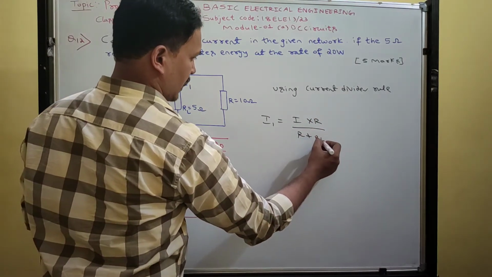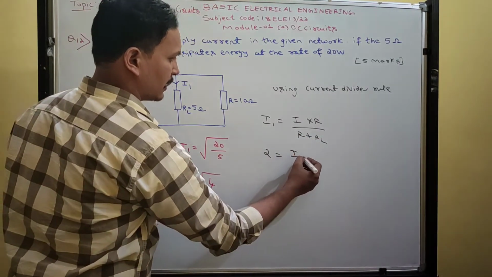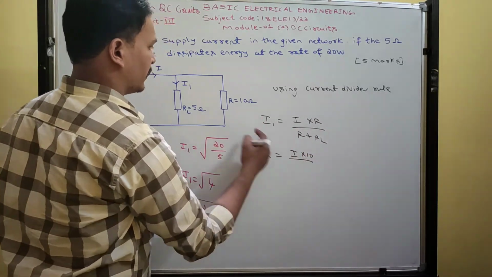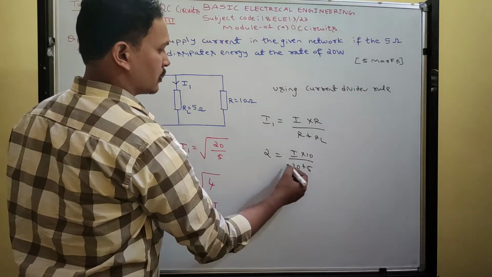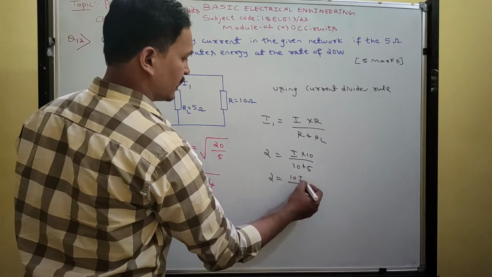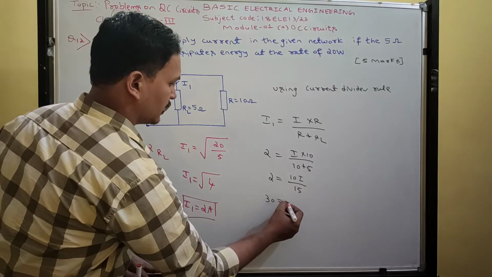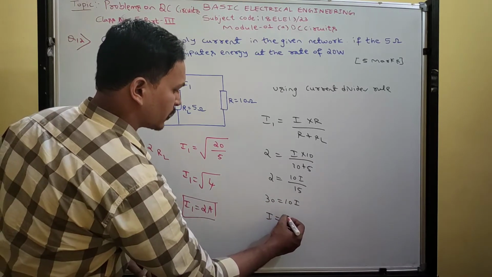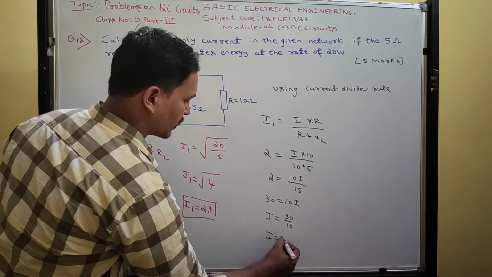What is the I1 value? 2. What is I? I need to calculate. I into R, which is 10, divided by 10 plus 5. So 2 equals 10I divided by 15. Cross multiply: 30 is equal to 10I. Therefore, I is equal to 30 by 10. Therefore, what is the supply current?